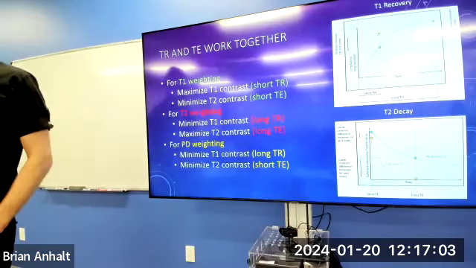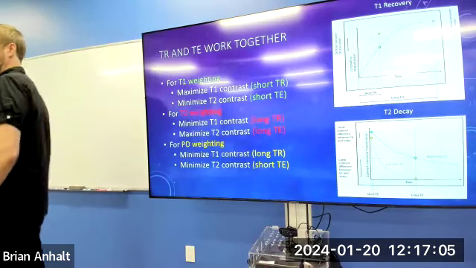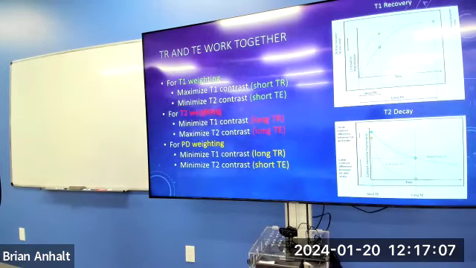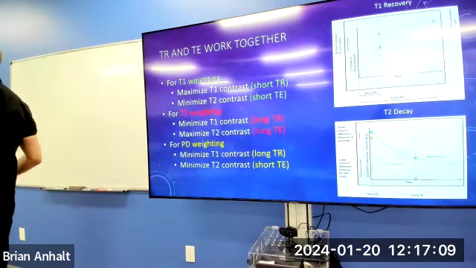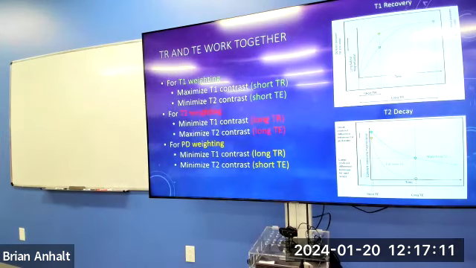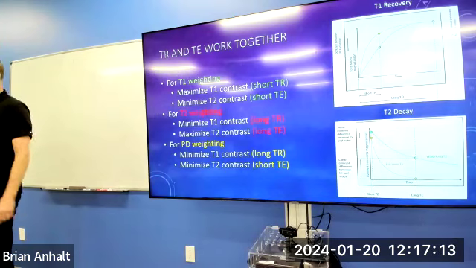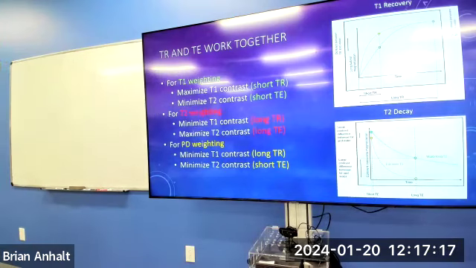On the other hand, other tissues that do recover quickly, that let loose of their energy quickly, like fat, right? Fat has a molecular tumbling rate that closely matches the Larmor frequency. So it allows for that energy to transfer into the lattice quickly. Lets it go. It's also closer packed together. Lets that energy go quicker.